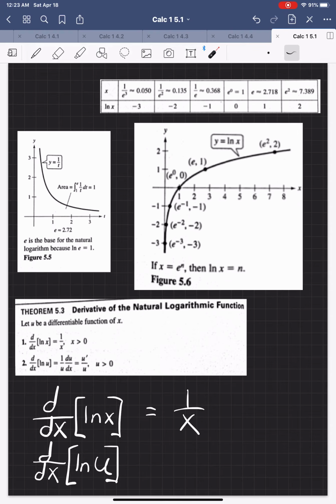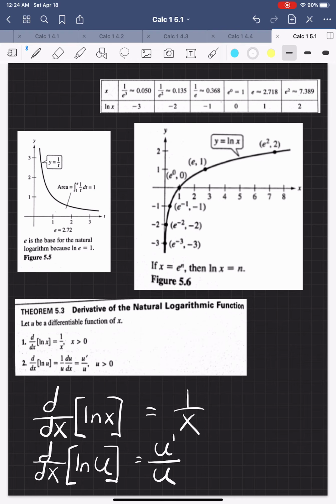Let me go ahead and discuss that. What they really don't explain well here is that in this particular case, this is ln of just x. There's nothing else inside here, just x. But if you have anything else inside of your ln, let's say 2x or x squared, if you have more going on inside of your natural log than just x, then you write that as u prime over u.